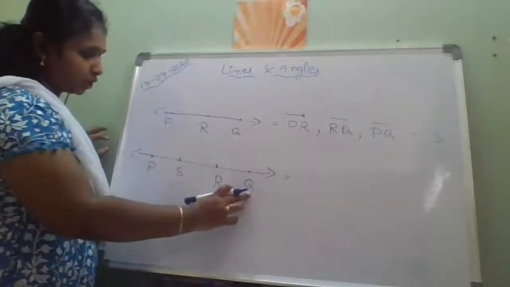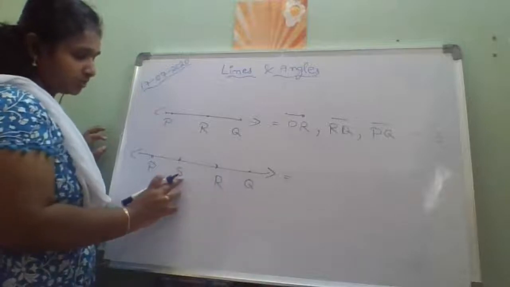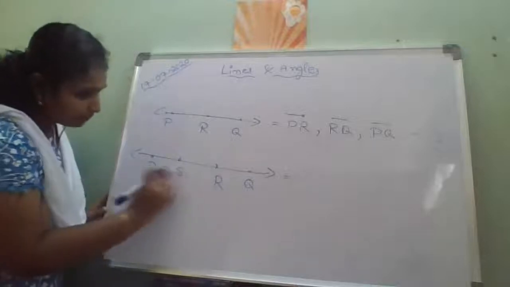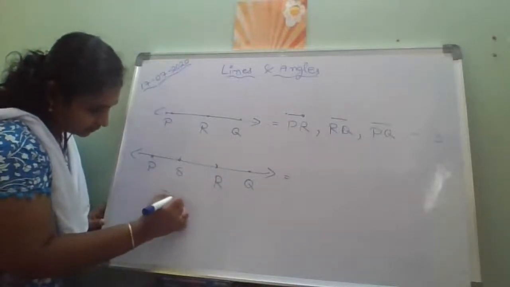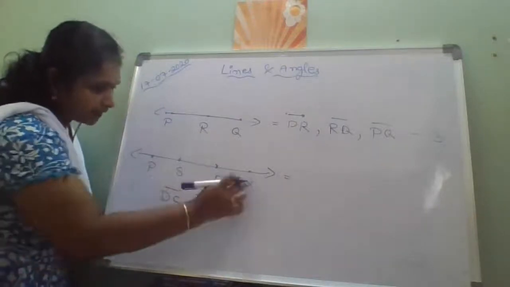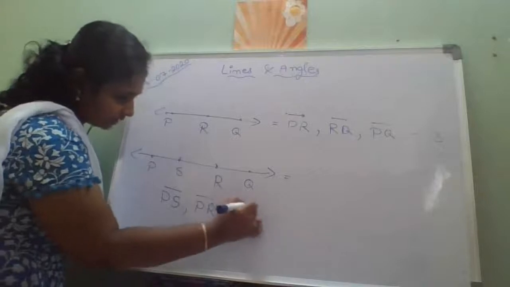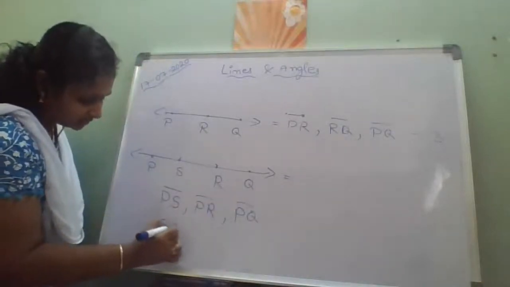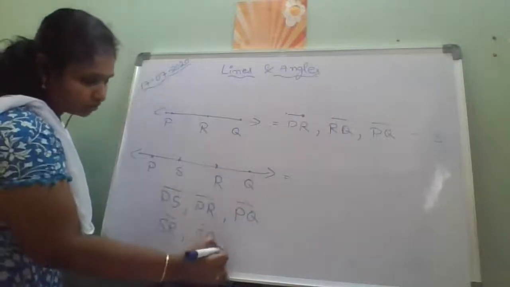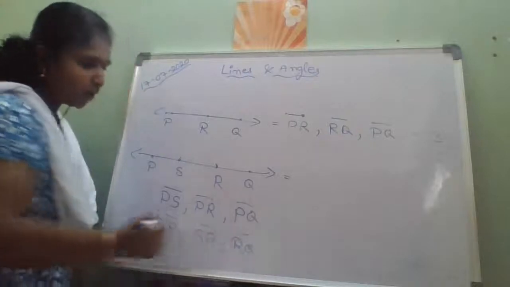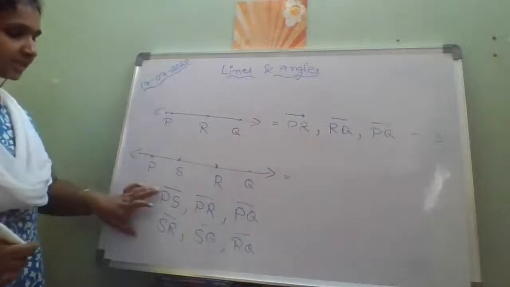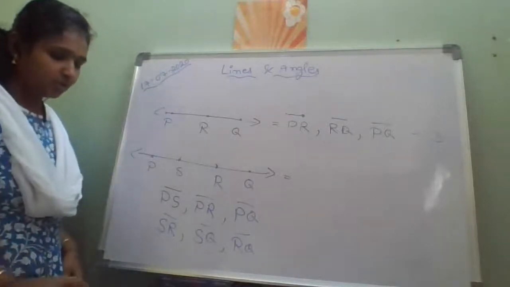PS, PR, PQ, SR, SQ, and RQ. So, how many line segments do we have here? Six line segments.